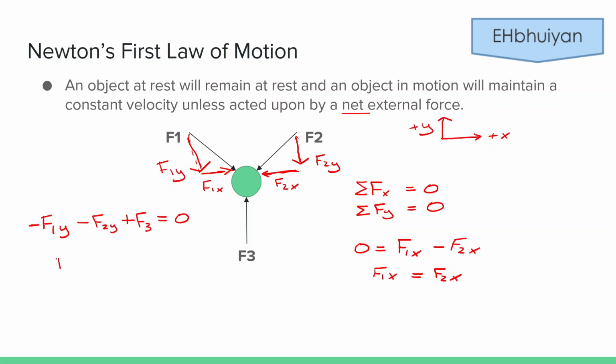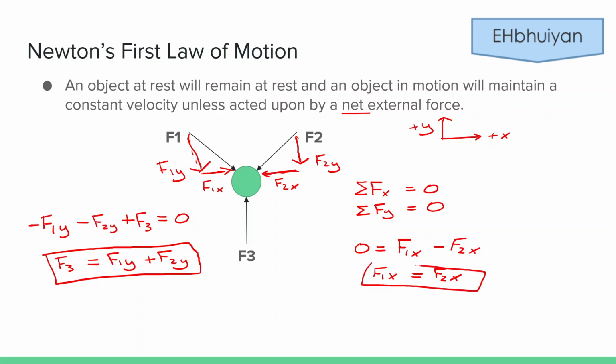In other words, F3 must equal F1y plus F2y. When this condition is met, that the y components of F1 and F2 equal F3, and the x components of F1 and F2 are equal, then this body will be in equilibrium.